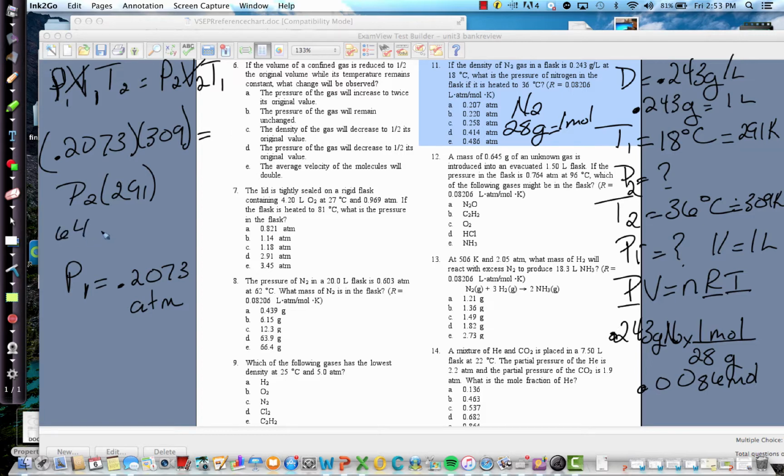I got 64 is equal to P2 times 291. So my P2 is going to be equal to 0.22. So 0.22 would be B here.